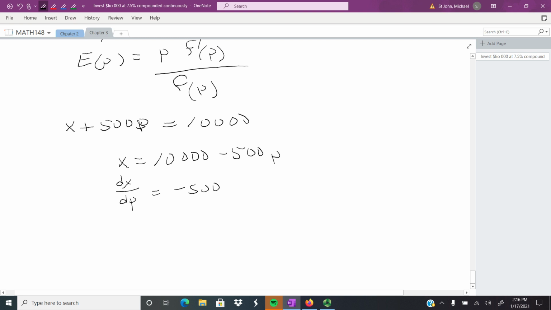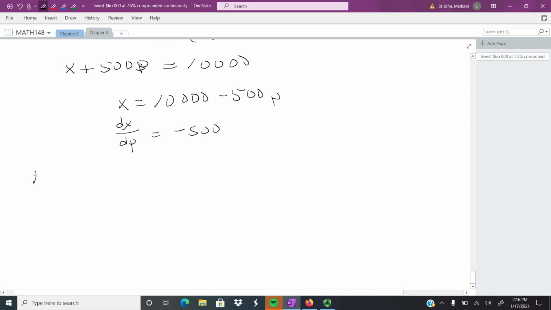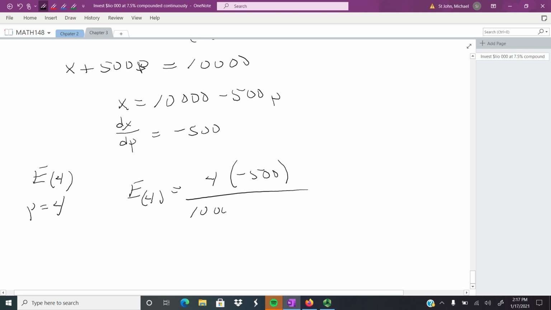So now we want to find E sub 4 in my example. That means P is equal to 4. So E sub 4 is going to be P times my derivative over my original function, evaluated when P was 4. So this is going to come out to be a minus 2,000 over 8,000.